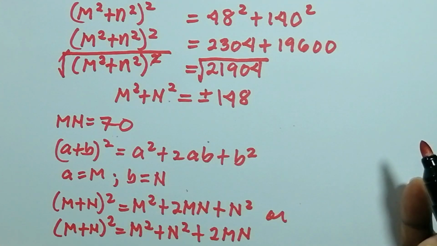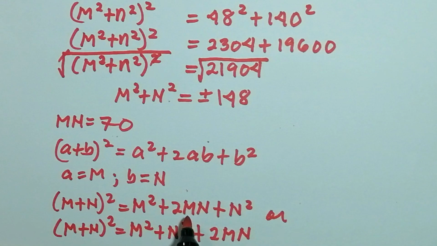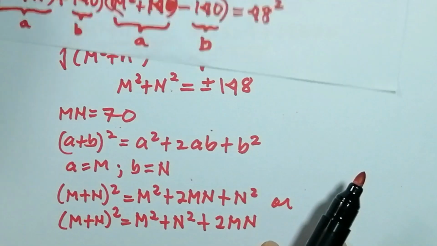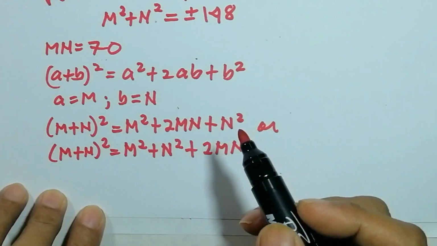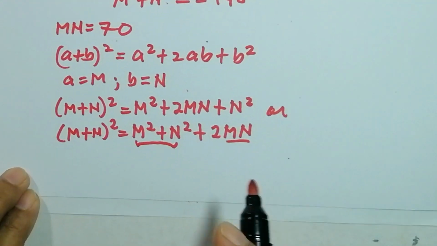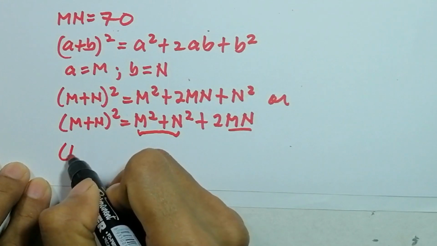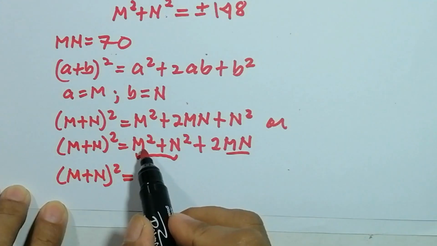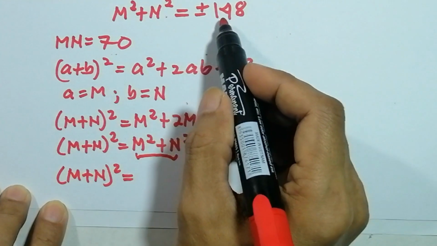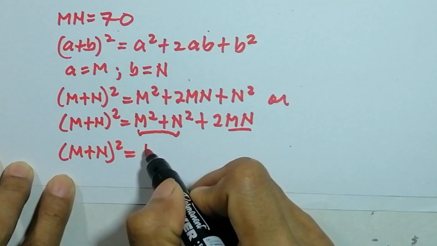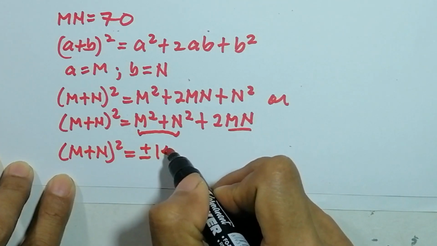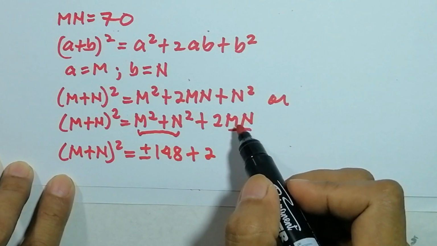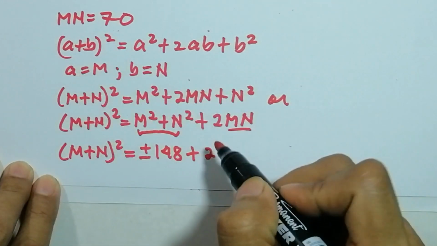Then we replace it in the equation where mn is equal to 70. Then we are going to substitute that. So this will be written as (m plus n) squared is equal to the value of m squared plus n squared, which is positive negative 148, plus 2 times the value of mn, which is 70.